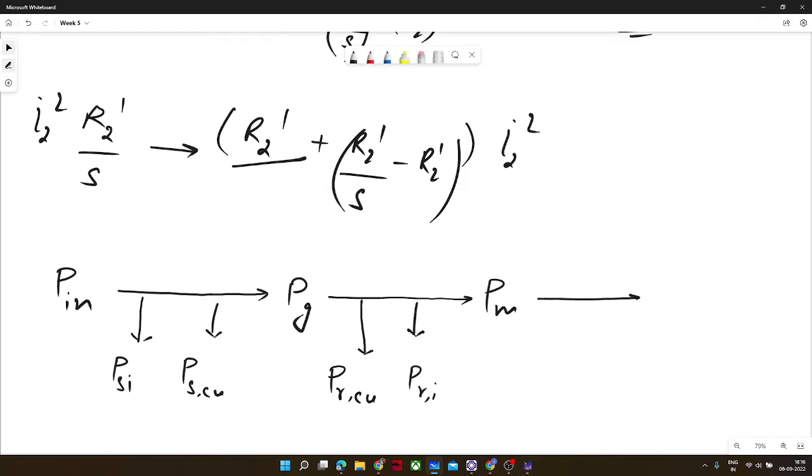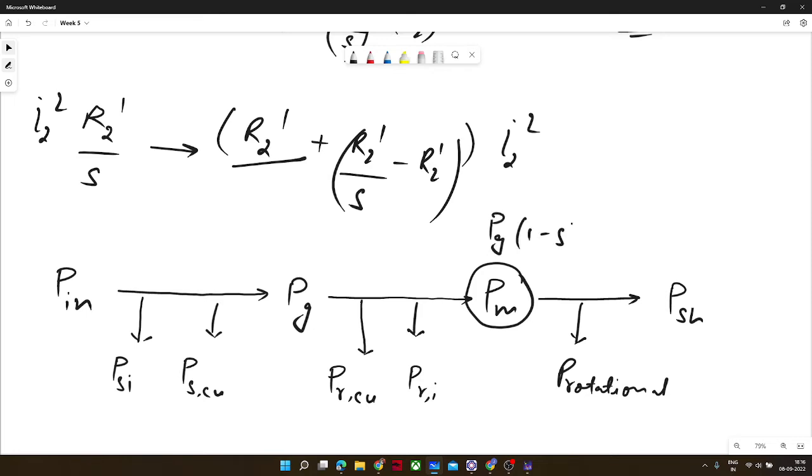And this mechanical power could be equal to shaft power or output power if the rotational loss is zero, but it is not, generally. So rotational loss will be subtracted from the mechanically developed power. So PM is nothing but PG into 1 minus S. Okay. And this rotor copper loss is S PG.